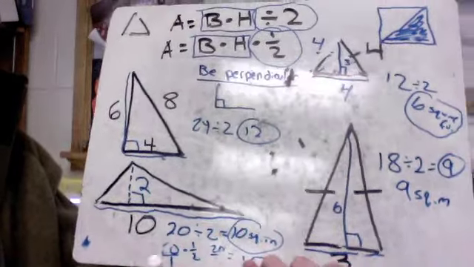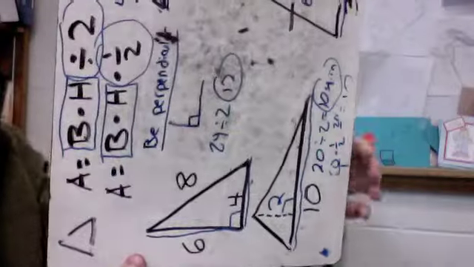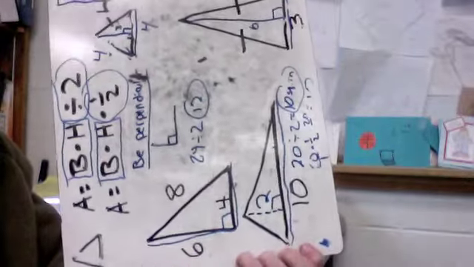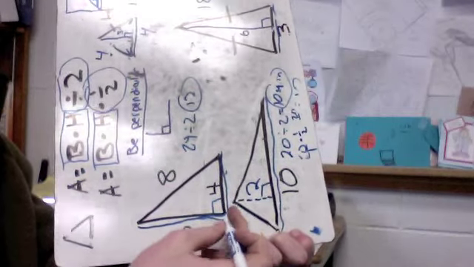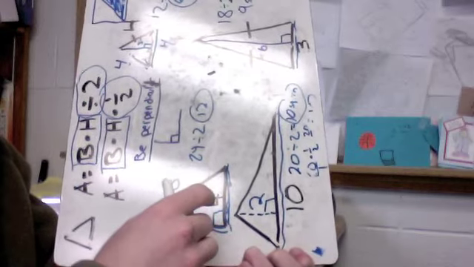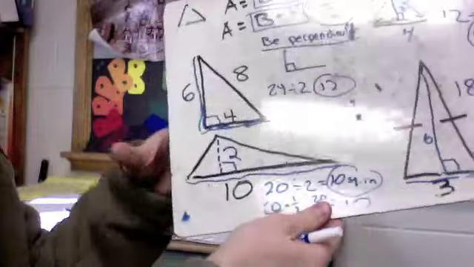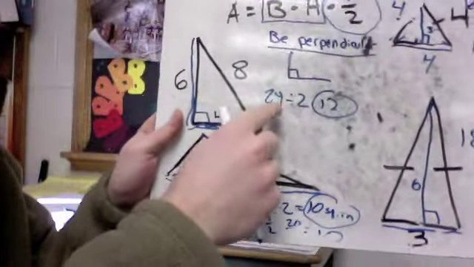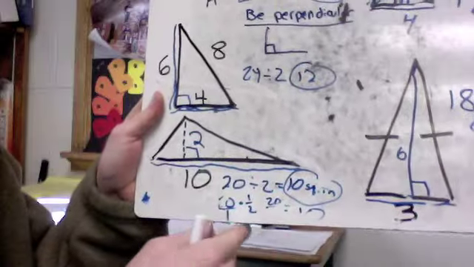Okay, now let's say I flip it like this. Still, maybe this time we call this our base and this our height. Still makes a right angle. Okay, so that would be still 6 times 4 is 24, divided by 2 is 12.